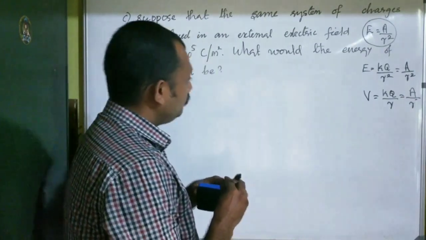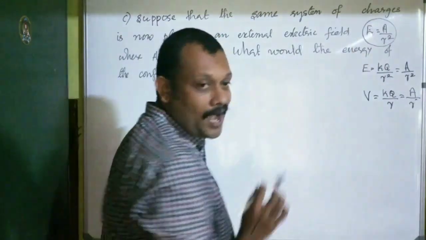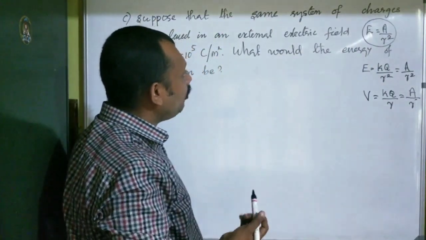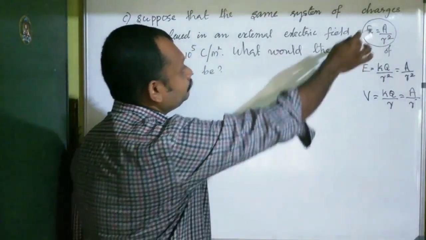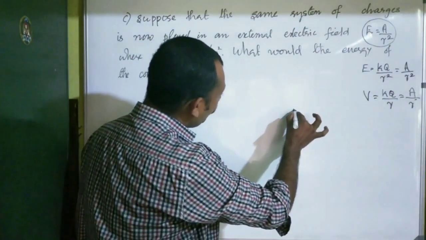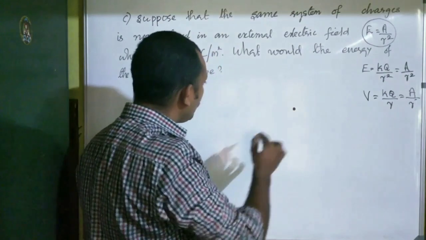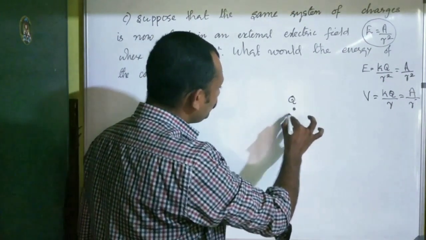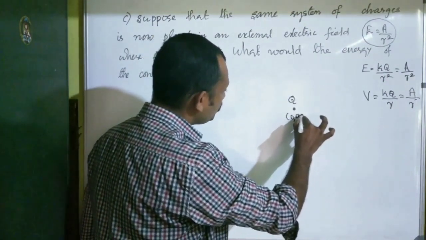Then what is in this formula? What is R? In this formula, what is going to be R? The distance of the point from the source charge. Which means I will locate this source charge Q at the origin of the coordinate system. This is 0, 0, 0.